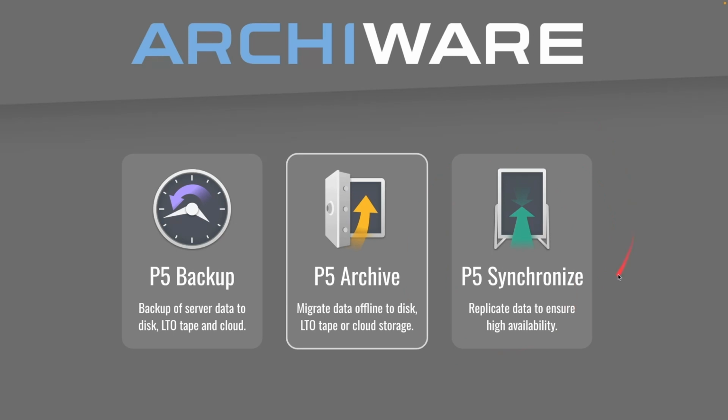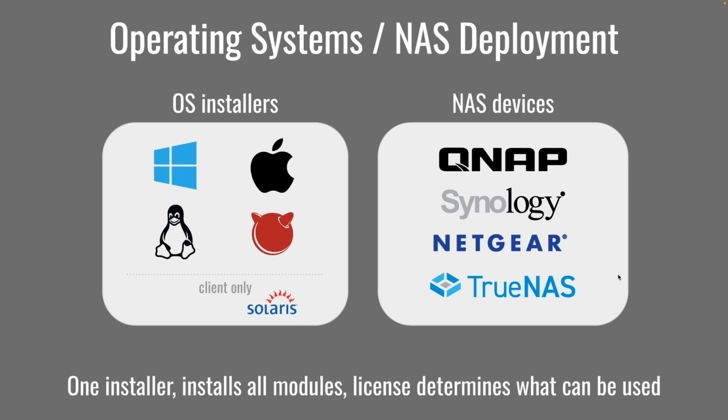And then we have P5 Synchronize over here on the right-hand side, which is a host-to-host, disk-to-disk replicator. So it replicates files and folders between 2 different systems on a scheduled basis and then updates that copy every day, every hour, however frequently you need it to.